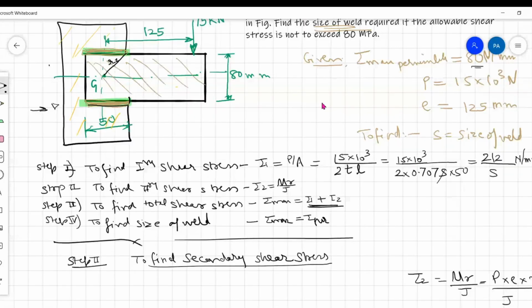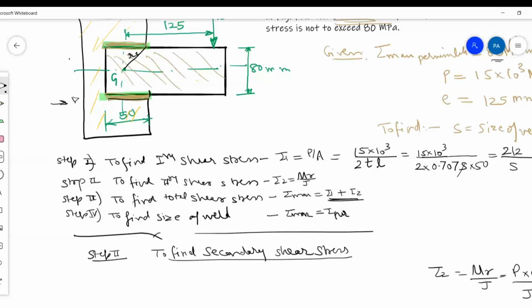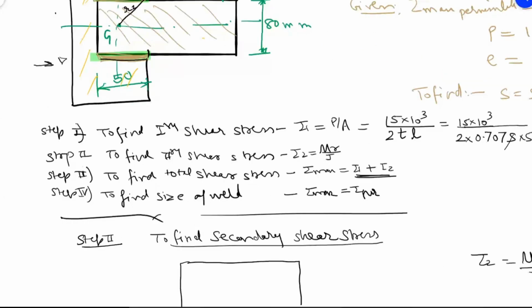Now for R2, I will draw that sketch here. And here we have this point G. We are saying that this distance is R2.